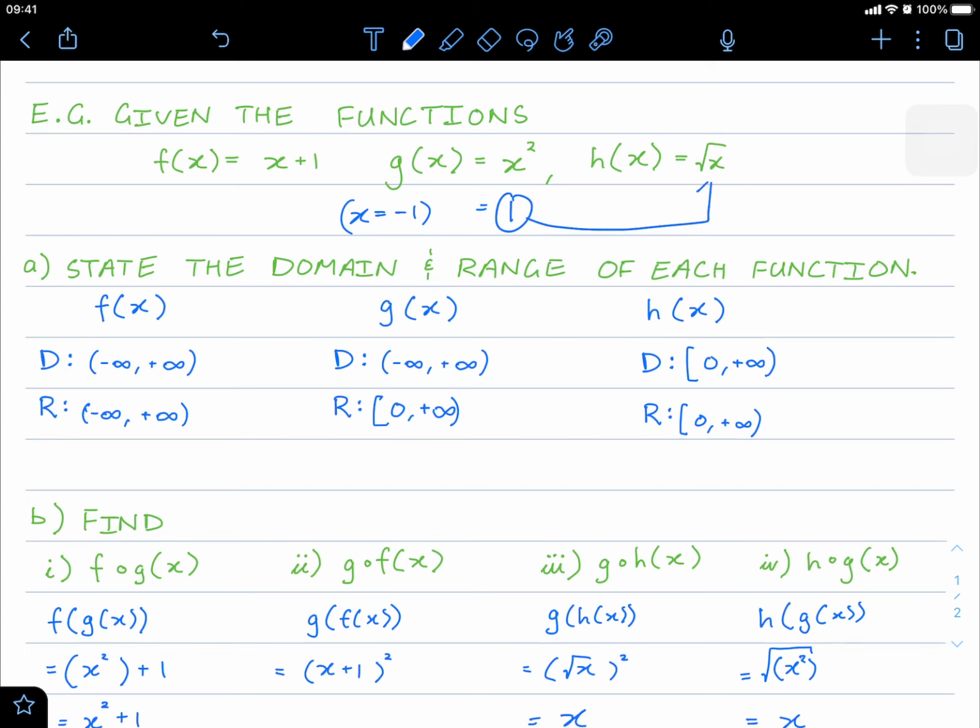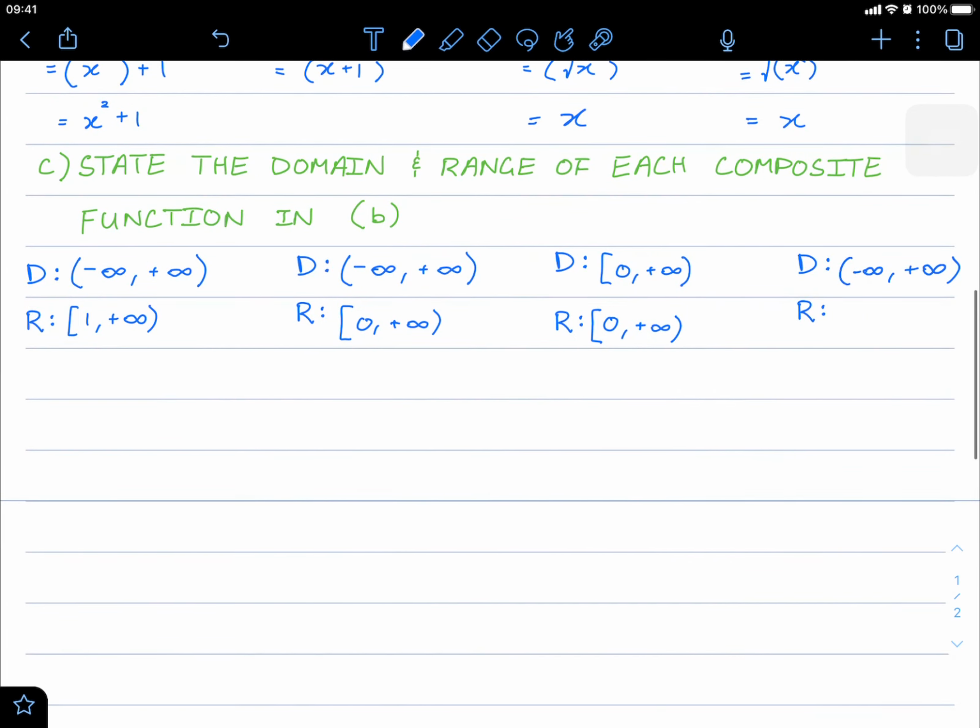Substituting 1 into h, we still get 1. If we were to substitute 0, we would get 0. Substituting that into square root x would give us 0. So, as we can see from here, the range begins from 0 and goes to positive infinity as well.